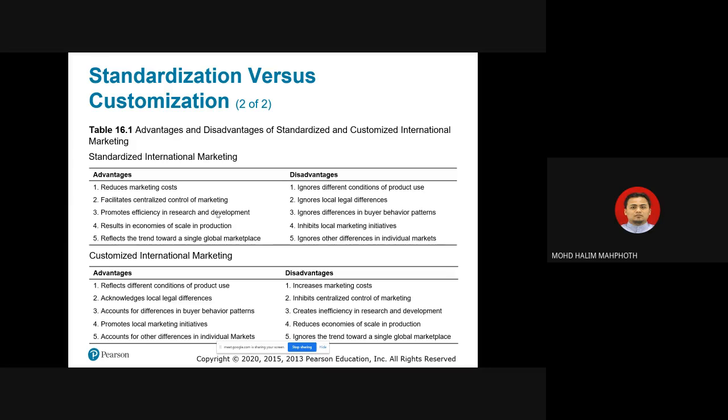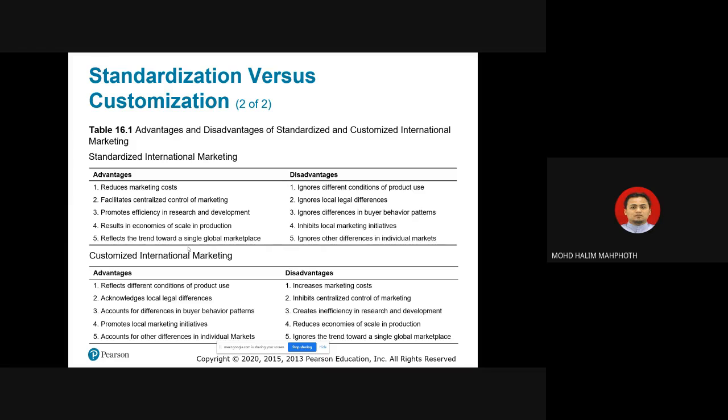But if you standardize, all is in English, so it might reduce your marketing cost. It promotes efficiency in research and development, and results in economy of scale in production. It reflects the trend toward a single global marketplace because your product is standard.